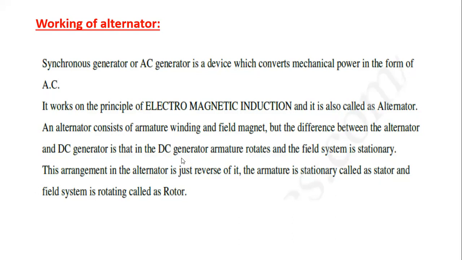In the case of a DC generator, the armature is rotated, that means the conductor rotates, and the field system is stationary. But in the case of an alternator, the armature is stationary and the field is rotating.